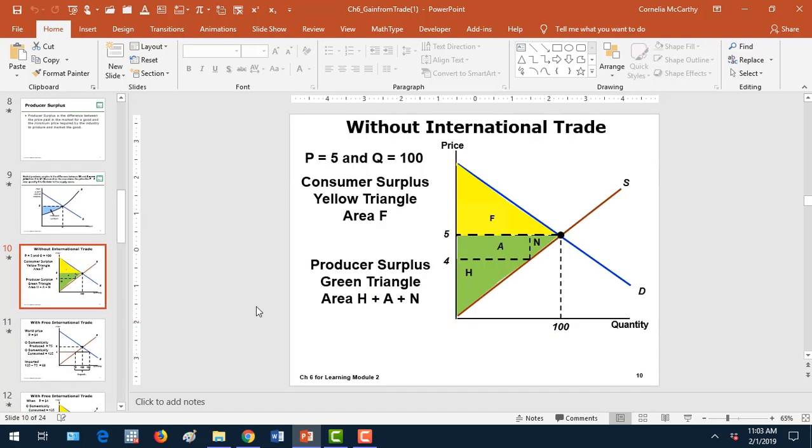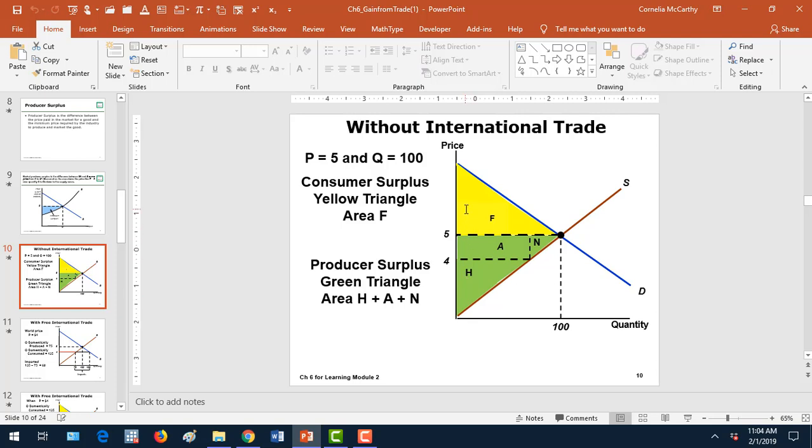The net effect is that without trade in the economy, the benefit from having a competitive market is that, yes, the consumers pay for the product, the producers do use resources to make the product, but the economy collectively gains the area, the surplus, the benefit represented in the triangles between the supply and demand curve.